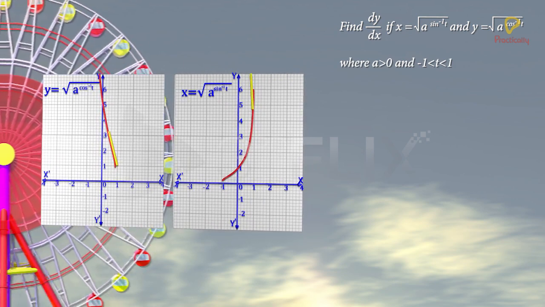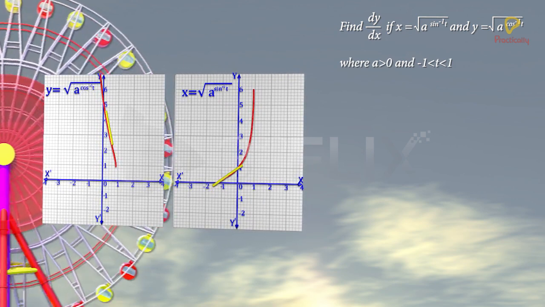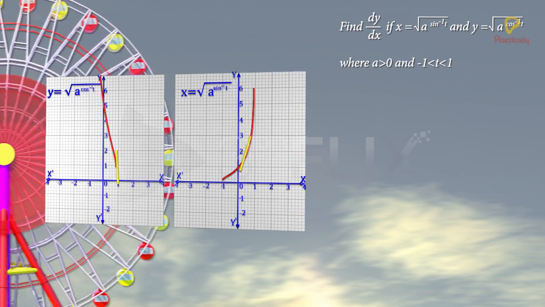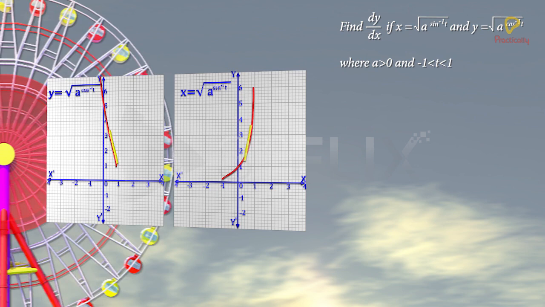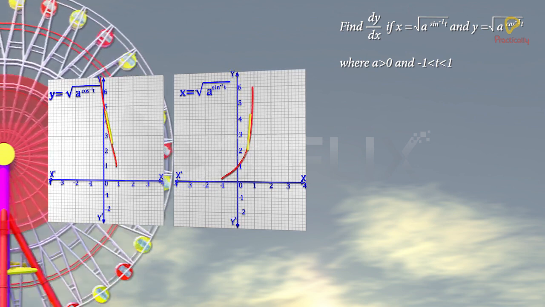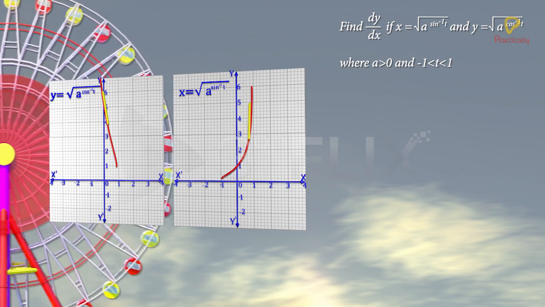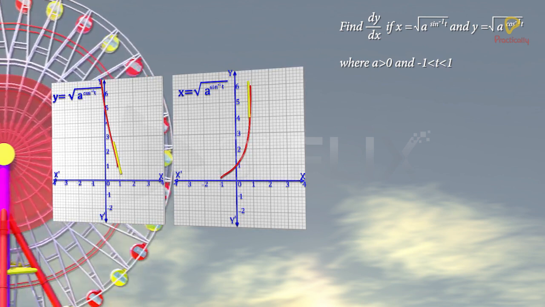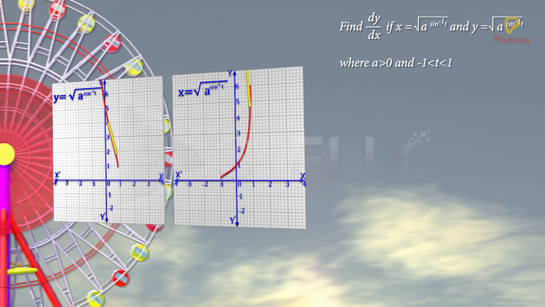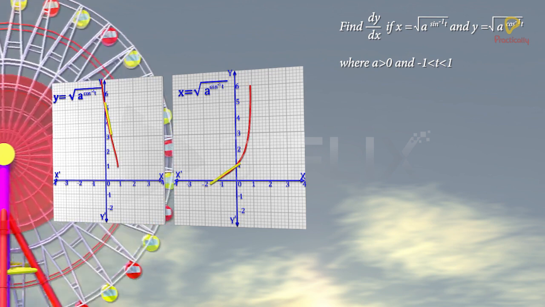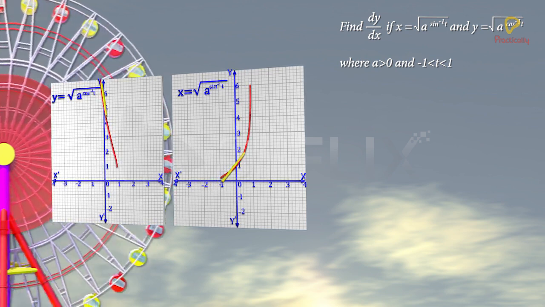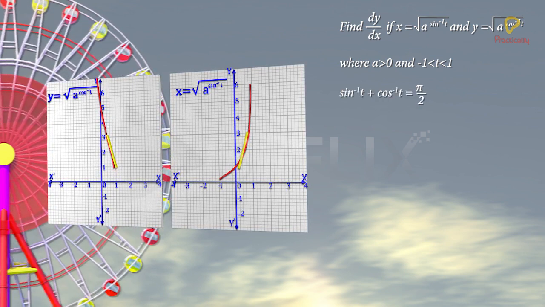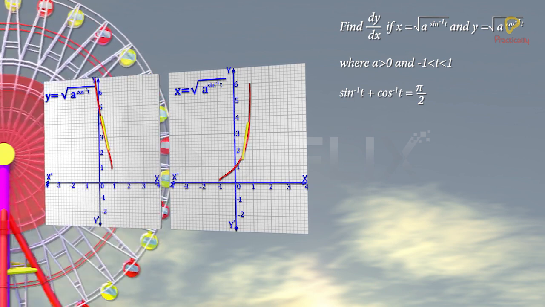One method to find dy by dx is by finding dy by dt, dx by dt, and then by taking the ratio of these two, we get dy by dx. We try this in another way, that is, by eliminating the parameter t. When we observe the given equations and look into the functions, sine inverse t plus cos inverse t is equal to pi by 2, so that t gets eliminated.